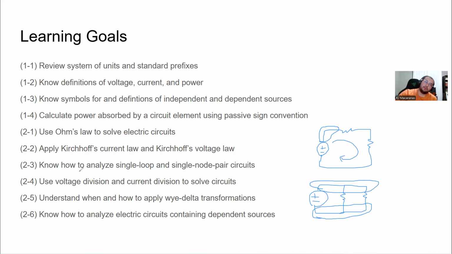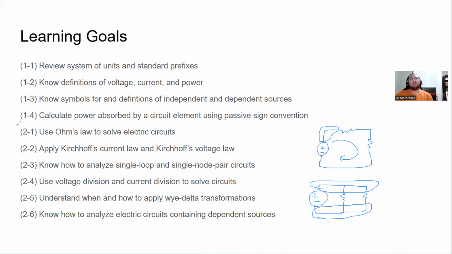And so part of the learning goals for chapter two was to be able to analyze these two types of circuits. And then we had talked briefly about Y-delta transformations, and showed an example of the delta to Y transformation, but we didn't look at the equations for the Y to delta transformation.